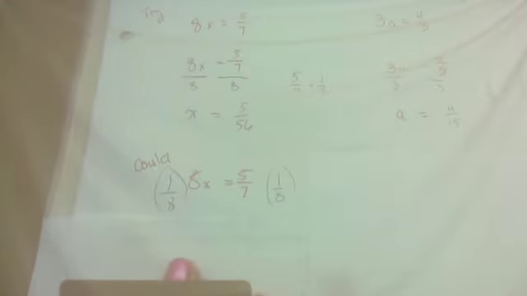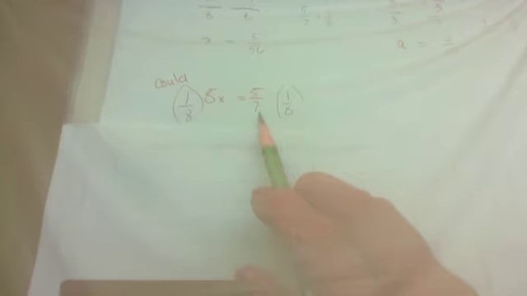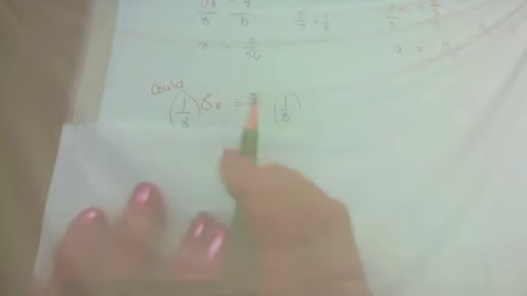All right, we could think of this problem that we just did above. We did 8x equals 5/7. Another way of thinking about this is instead of thinking of dividing by 8, it's the same thing to multiply by 1/8. So dividing by 8 is the same thing as multiplying by 1/8.